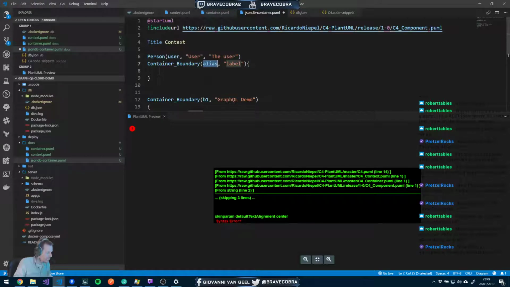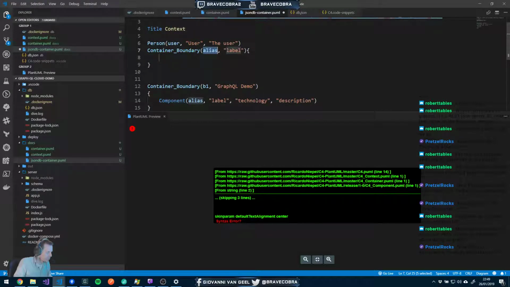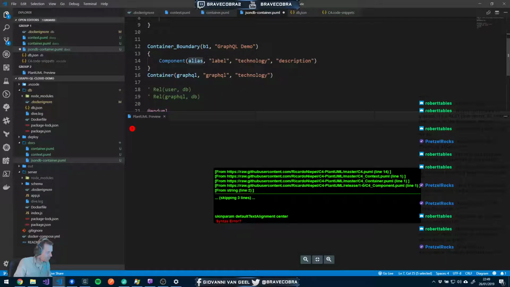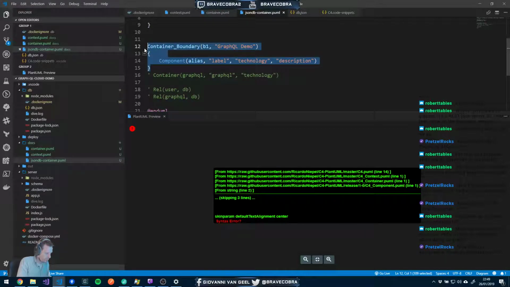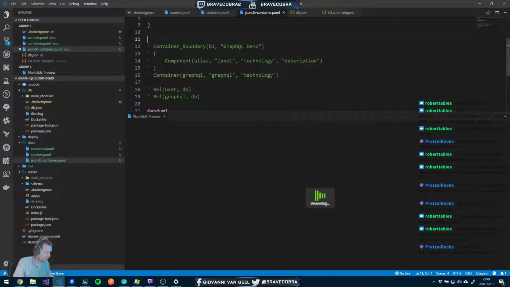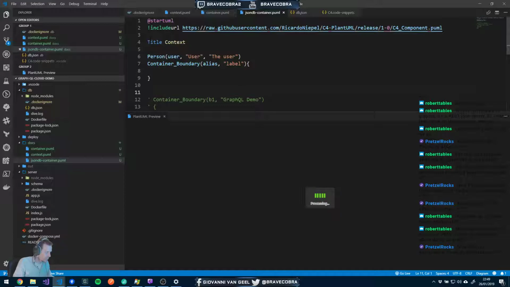So we get a container boundary, alias, label. Okay. If you don't know what's going on, just comment them out until you get what you want. Okay, that gives us something. Cool.